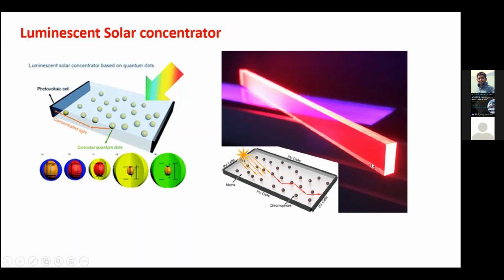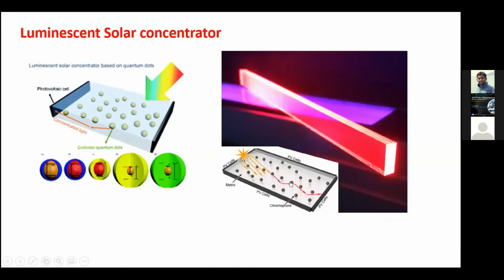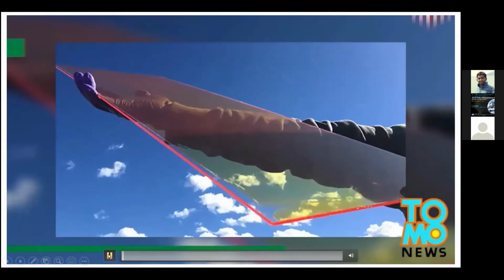You can see it's very transparent, and here you put a solar cell, and you can have a very nice efficiency of collection from the solar cell. This is the solar illumination. I will show you one video of how it works, so you can understand it in a very nice way.